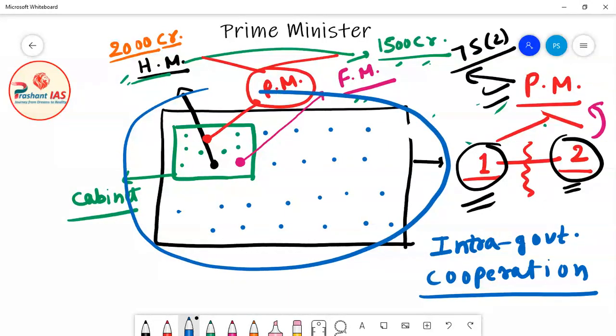Because I have told you that Council of Ministers is government. So it is the Prime Minister who brings cooperation between different ministries, which means cooperation within the government. So friends, this is the 9th power of the Prime Minister of India.